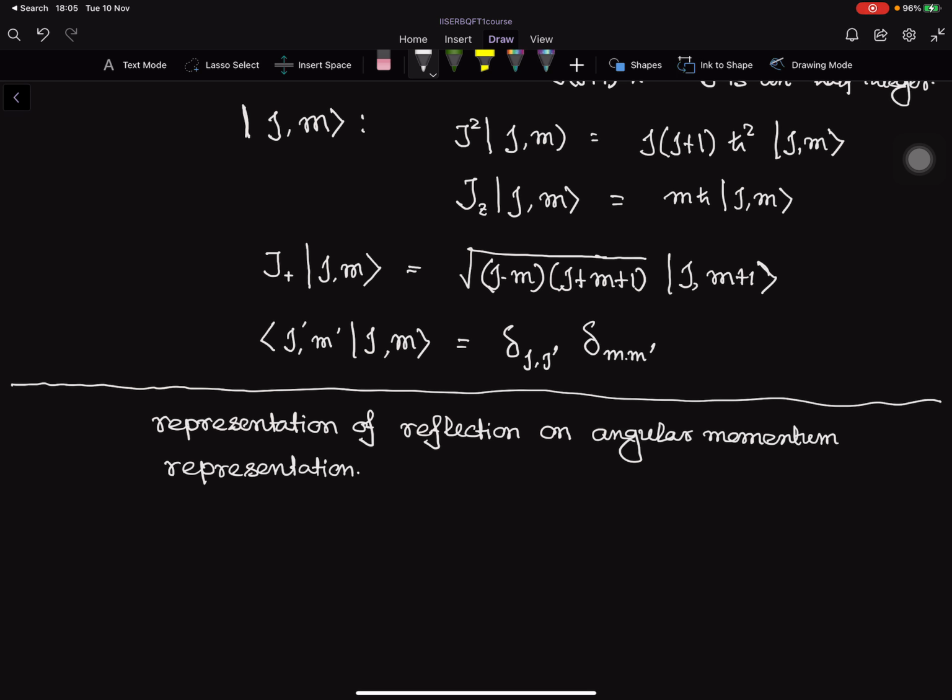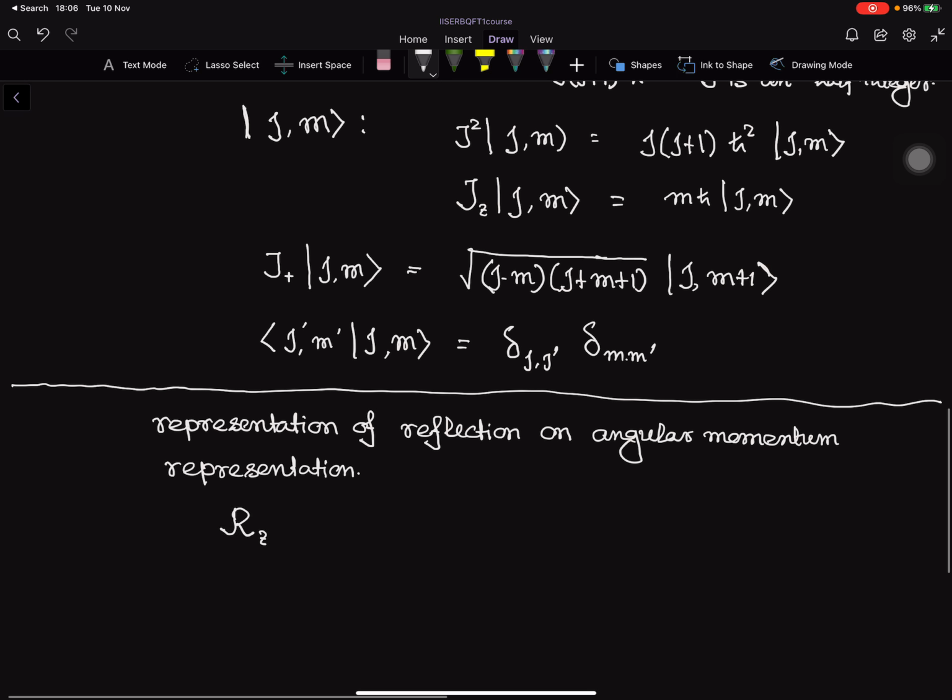There are three reflections, Rx, Ry and Rz. For simplicity we will just discuss the reflection along the z direction.